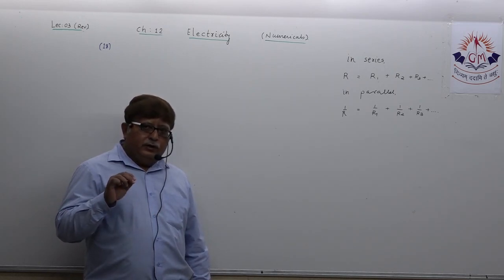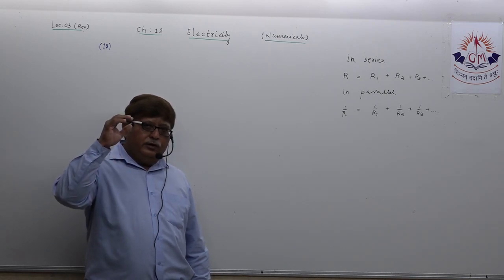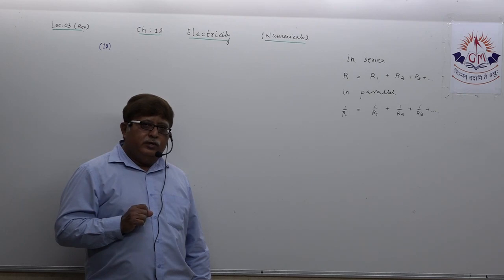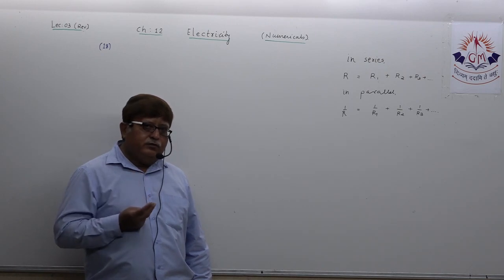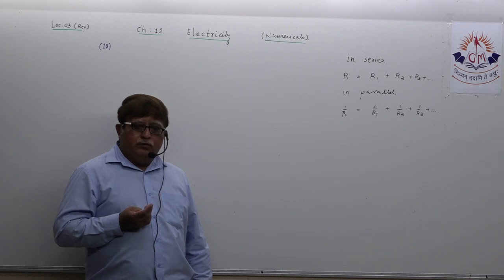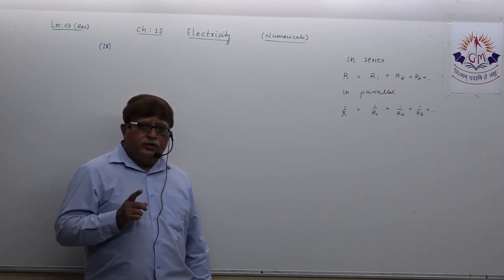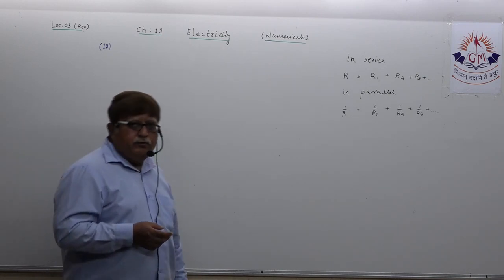They ask you to generate the schematic diagram yourself from the verbal data provided, and that also carries marks. Here, one conductor having resistance of 4 ohm and one bulb having resistance of 20 ohm are connected with a battery of 6 volt.